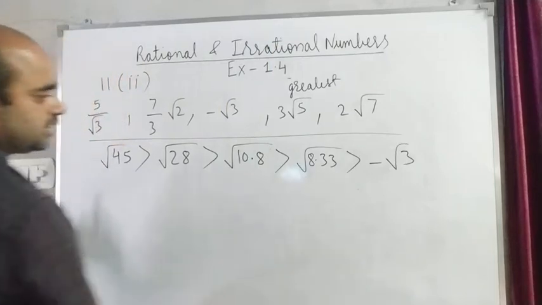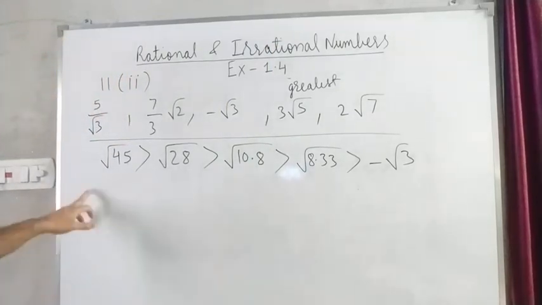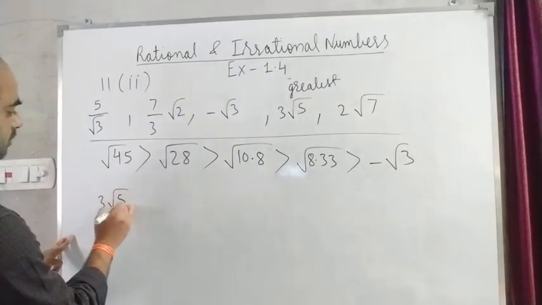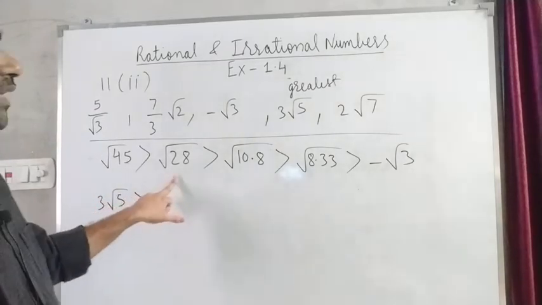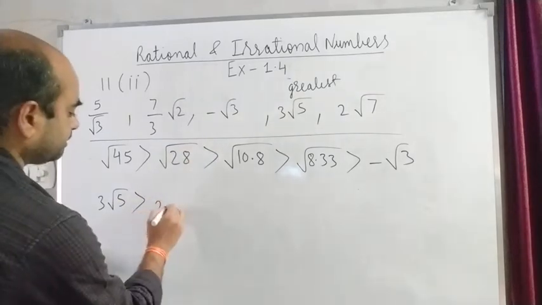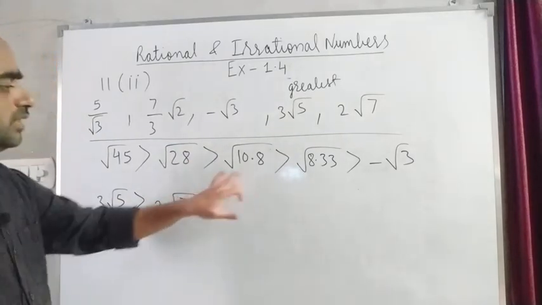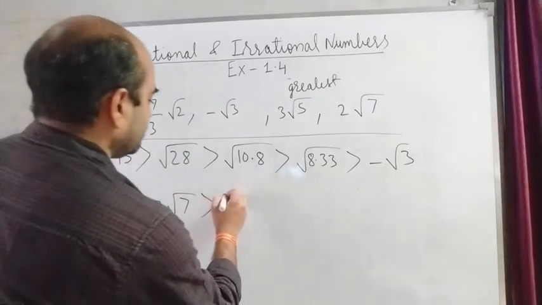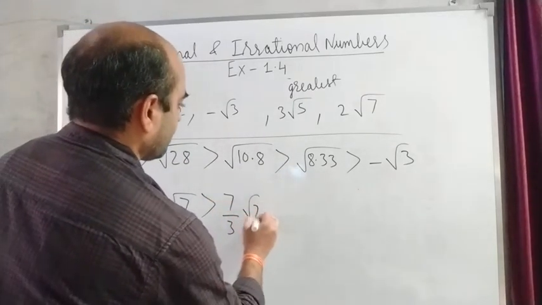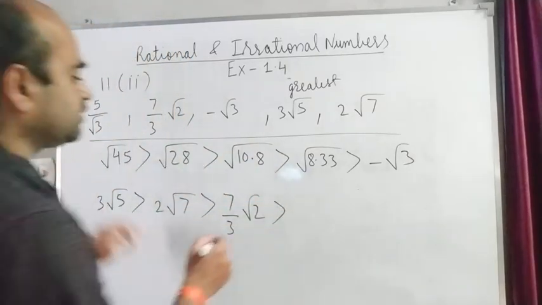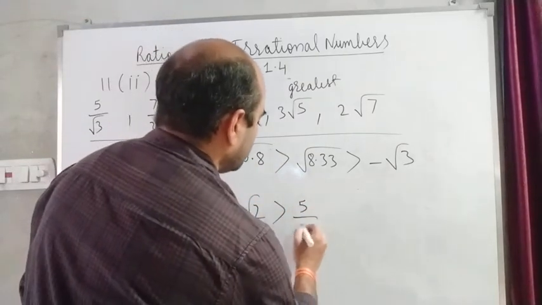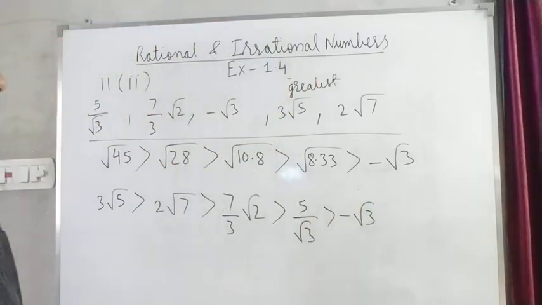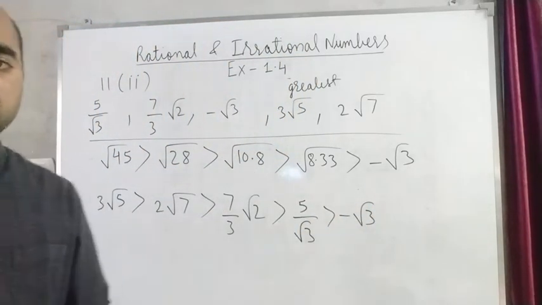Root 45 means 3 root 5. Root 28 means 2 root 7. Root 10.8 means 7 upon 3 root 2. Root 8.33 means 5 upon root 3, and last one is minus root 3. Correct. So this is descending order.